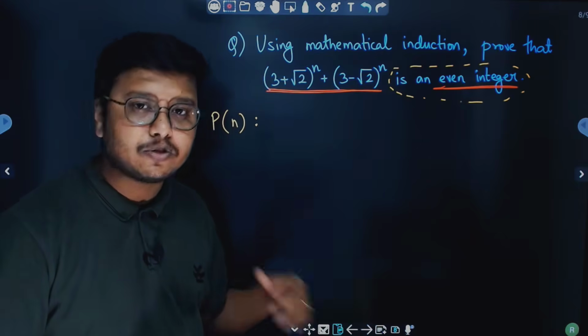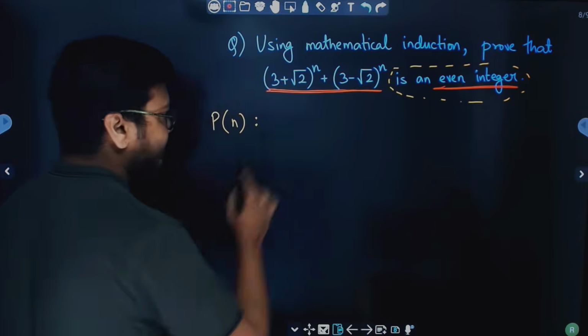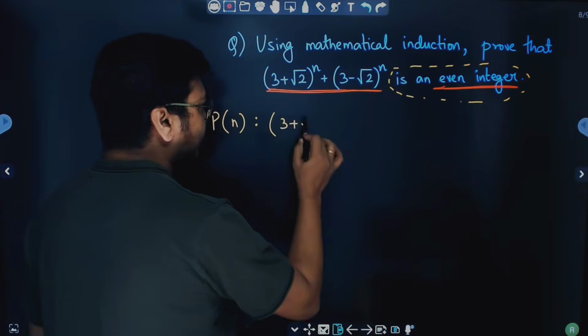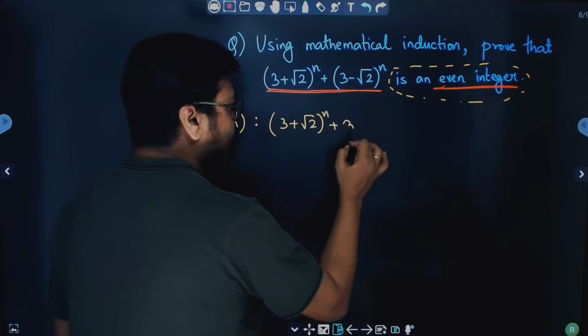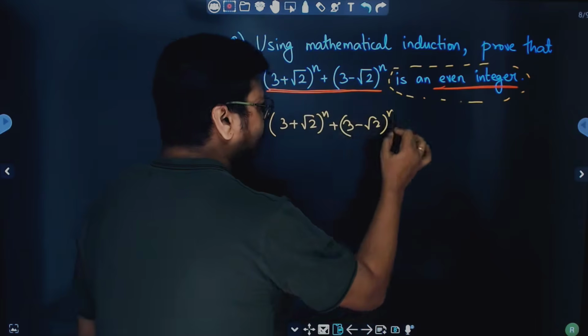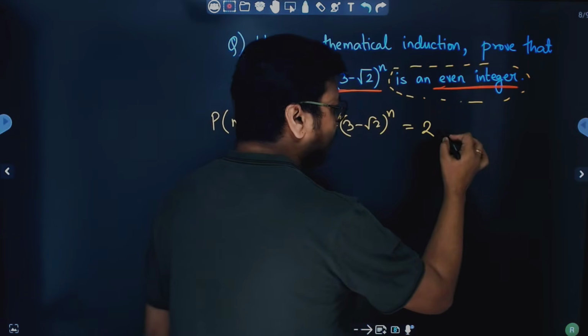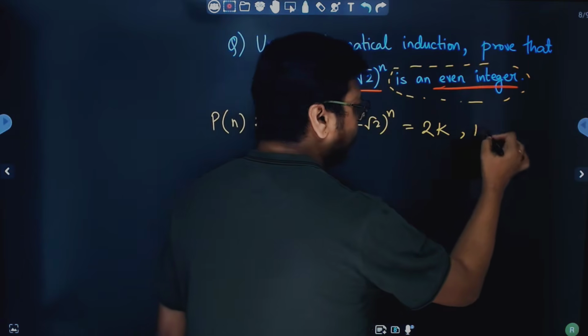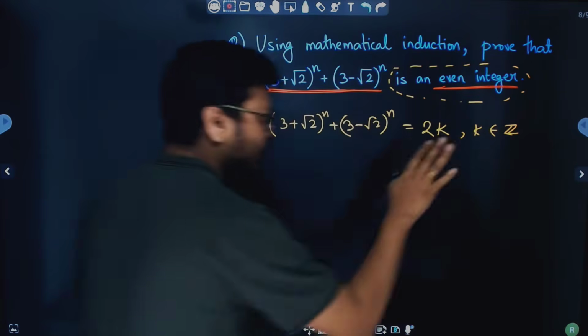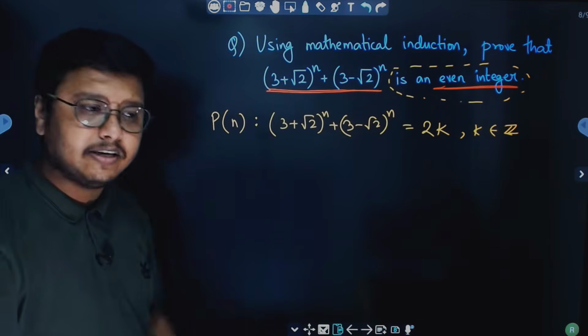An even integer is always a multiple of 2. So I can say that my nth statement is (3 plus root 2) to the power n plus (3 minus root 2) to the power n is a multiple of 2, that means 2 to the power some integer k.